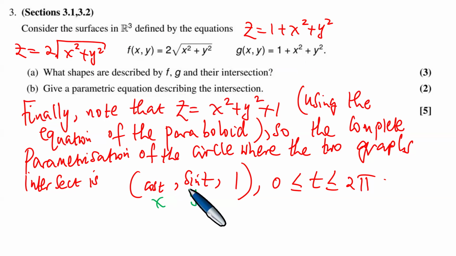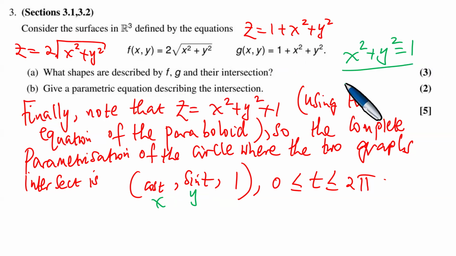If these give us a 1, it agrees with the intersection where x squared plus y squared equals 1, which is the point of intersection. So indeed, the x and the y themselves remain very, very correct.